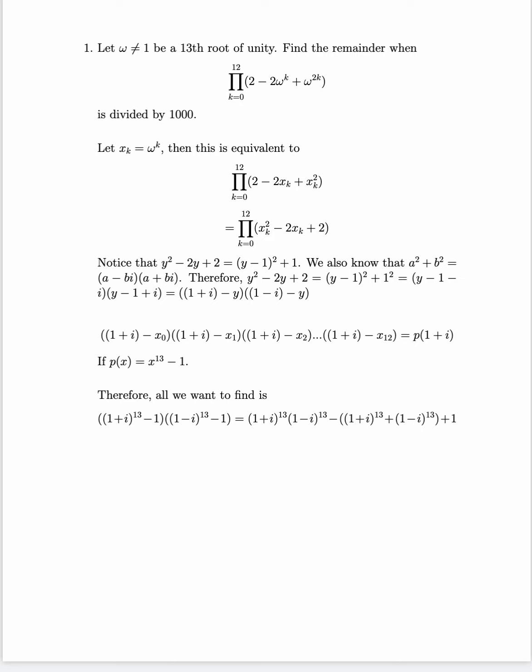So essentially, now here's a trick. Notice that the value (1 plus i) over root 2 is actually an 8th root of unity, which implies that it's basically e to the i pi over 4. So we can divide this entire thing by root 2 to the 13th power, and then multiply by root 2 to the 13th power.